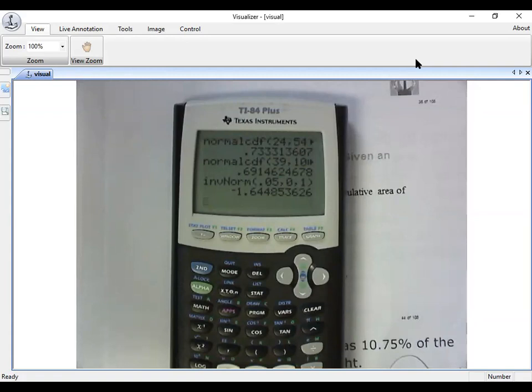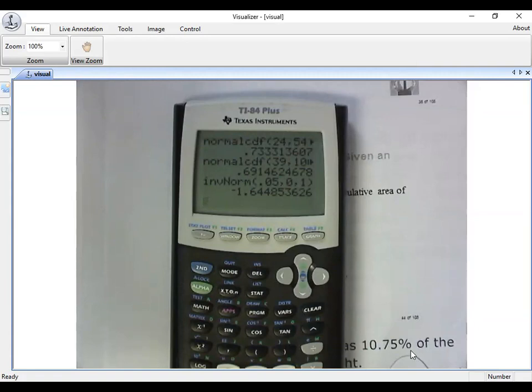Second VARS and choose inverse norm. And all I have to type in is the area and then tell it what the mean and the standard deviation is. As long as I'm looking for the z-score that goes with that area, the mean is 0, the standard deviation is 1. Okay?